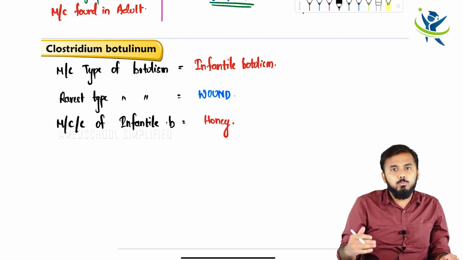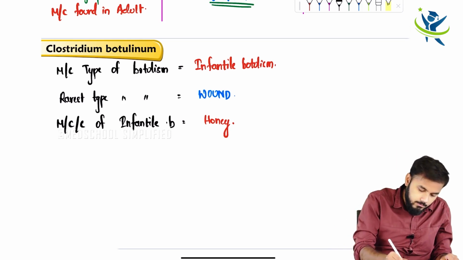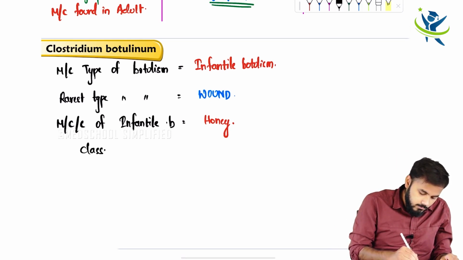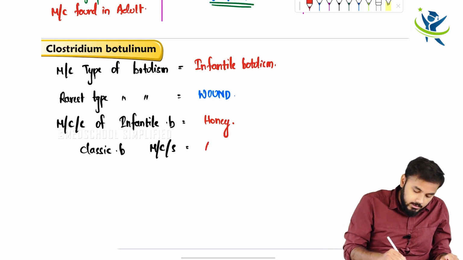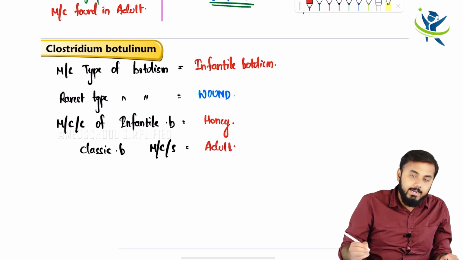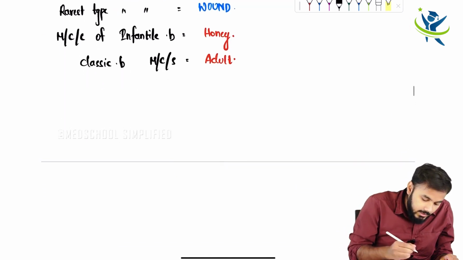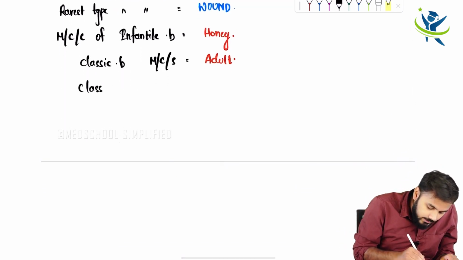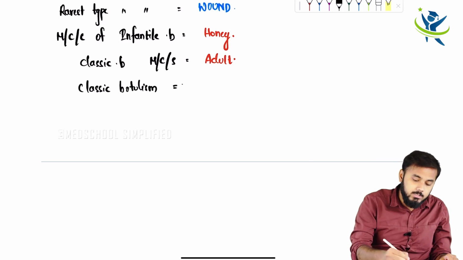Which age group do you most commonly see classic botulism in? Adults. That is why you call it adult botulism. Next, classic botulism is caused by ingestion of spores or exotoxins.